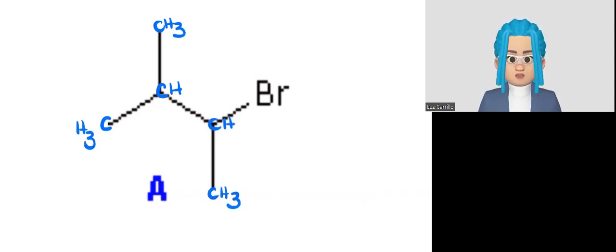Now I'm going to label the carbon atoms in this molecule with letters, and these are random letters. It is not specified that it needs to be labeled the way I did it. I'm just going to put a letter A here, a letter B here, a letter C here, a letter D, and a letter E there. This is just labeling the carbon atoms.